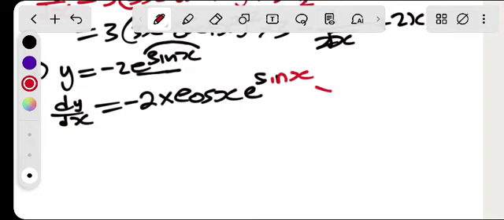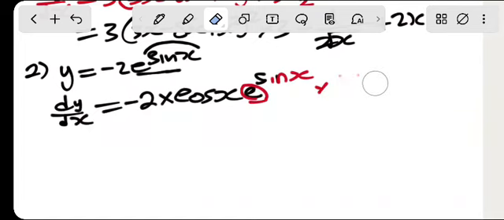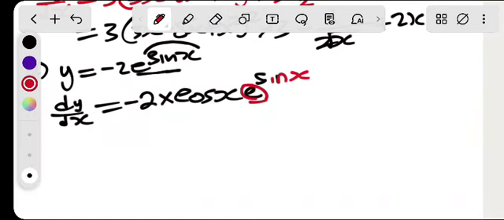Multiply. It's supposed to be multiplied by ln of the base, which is e. But now, there is no need because ln e is the same as 1. Remember, ln e, there's a default base here, which is e. We don't write this e here. This is the same as 1. So even if you don't write that, this will simply equal to 1.